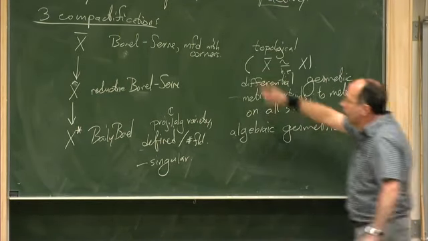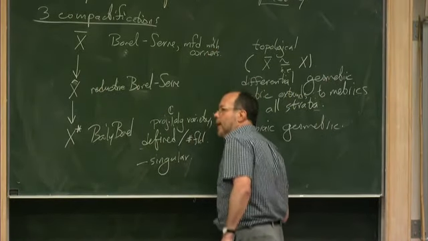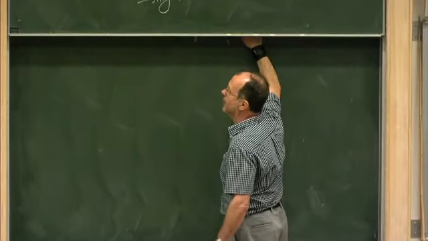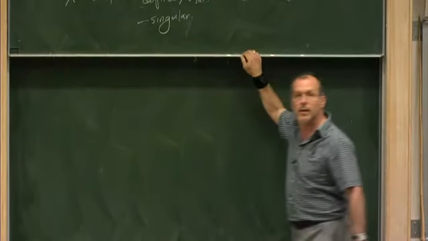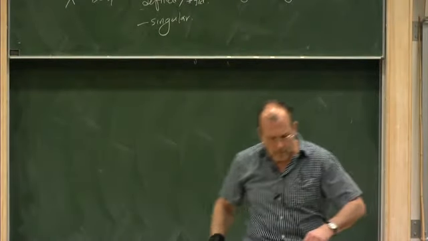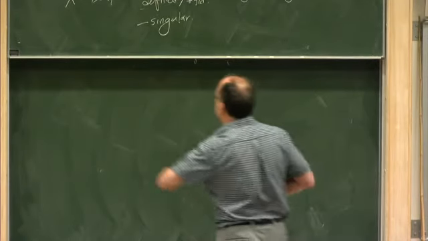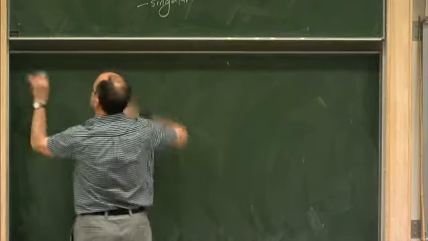So I want to try to briefly outline how you get these compactifications to give you a better feel for them. And to do that, you need to use parabolic subgroups.